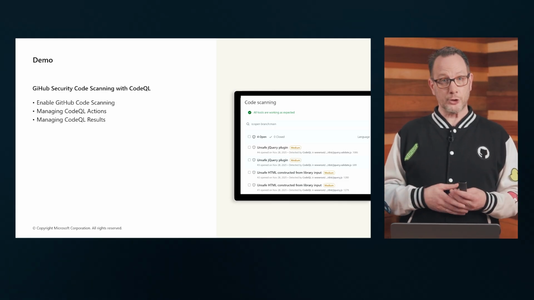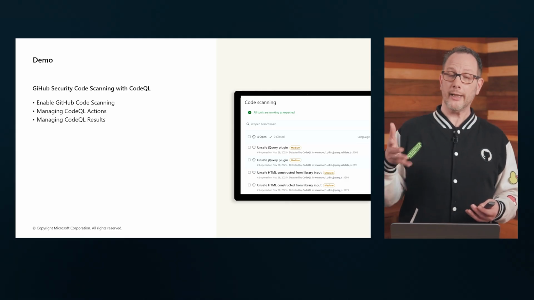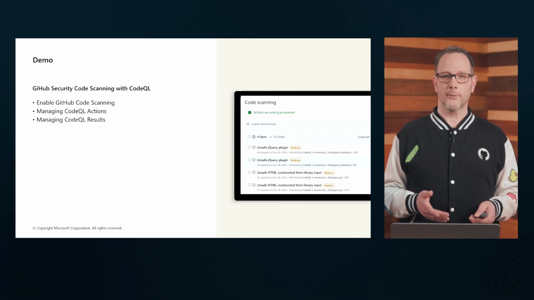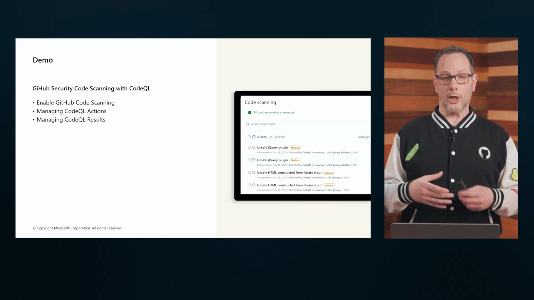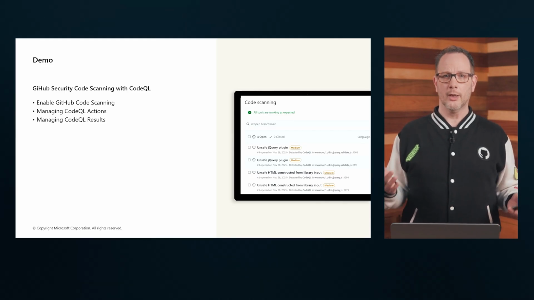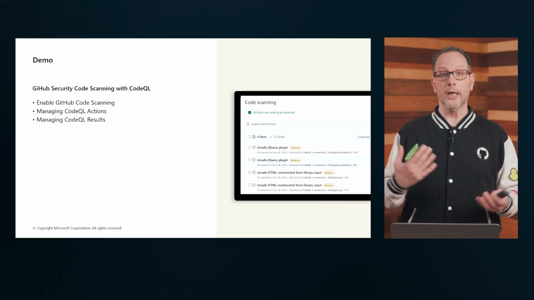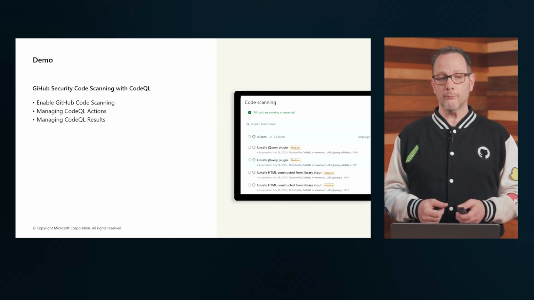And then lastly, I'll show you how to manage and interpret the results from scannings, including how to filter, prioritize, and track fixes over time. The main goal of the demo is to give you a complete picture of that developer experience, what you'll see inside GitHub, how alerts are structured, and how you can use this information to strengthen security of your pipeline.